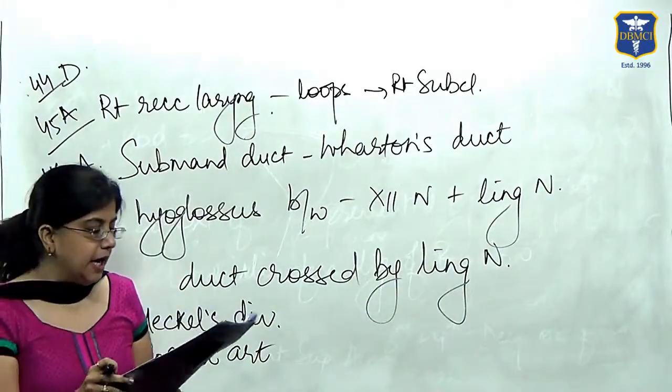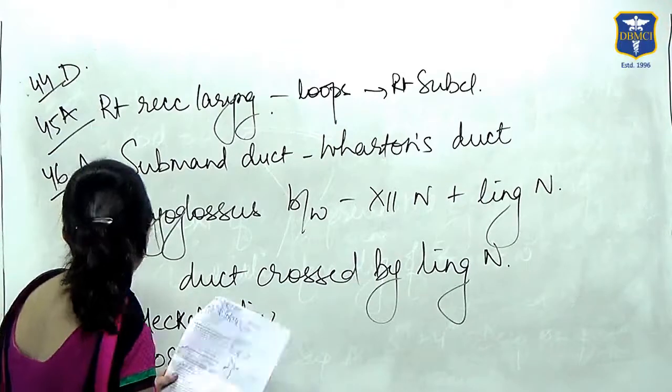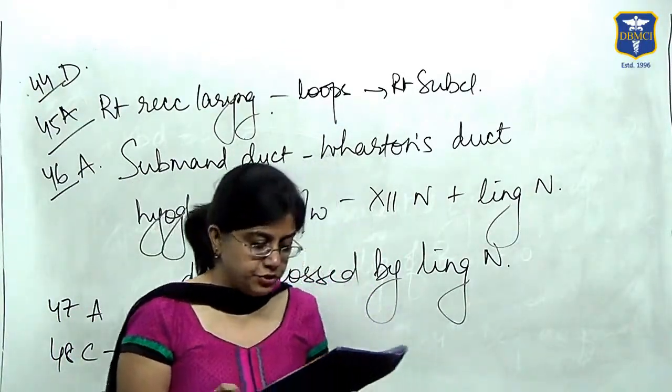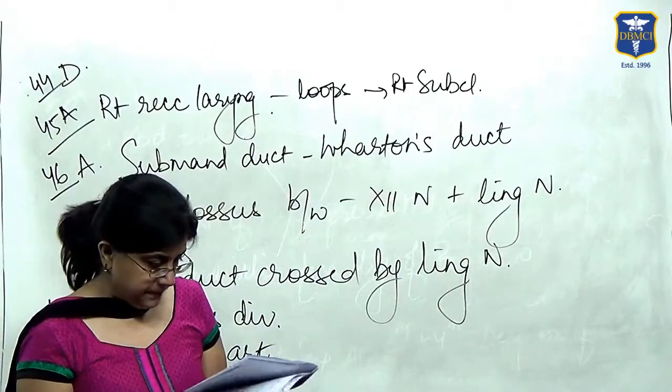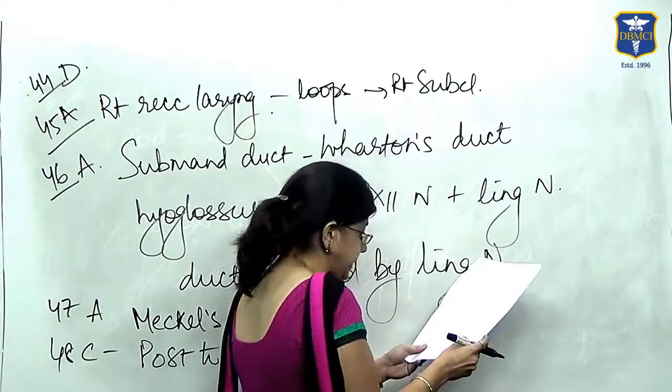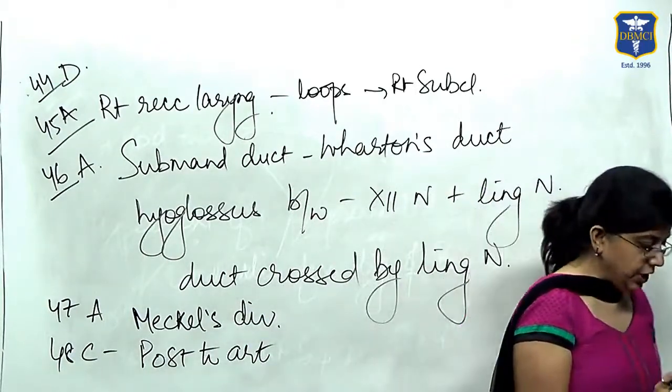Question 49, the answer is A, and this has already been discussed with question 10. Question 50, the answer is A, that is gap junctions.